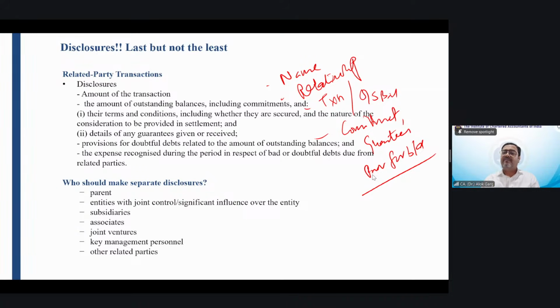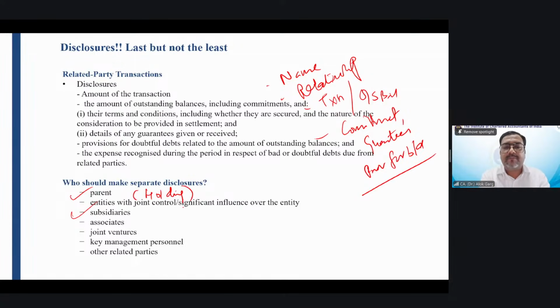Okay, who should make separate disclosures? Parent. Separate disclosure is required for parent. If you have any transaction with the parent, the transaction has to be shown separately. Entity with joint control or significant influence over the entity, that is, venturer and investor. Parent is a holding company.